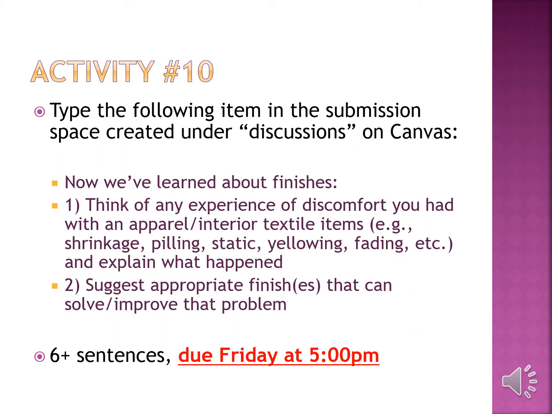In a 6-sentence paragraph, explain what happened, and then suggest an appropriate finish or finishes that could have possibly solved that problem that you had with that particular item. So I'm looking forward to reading these.